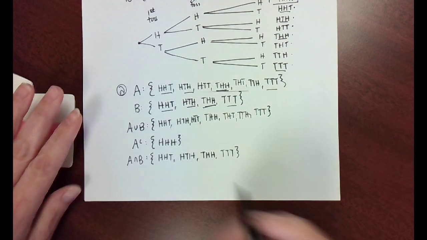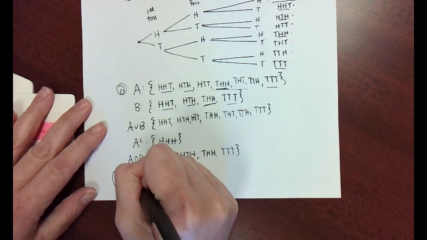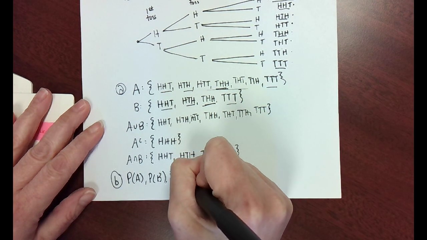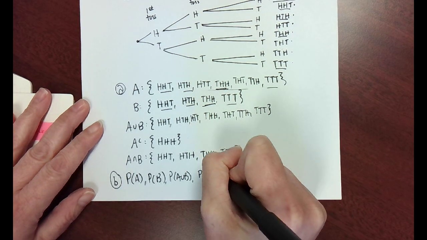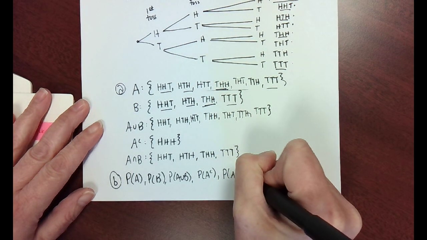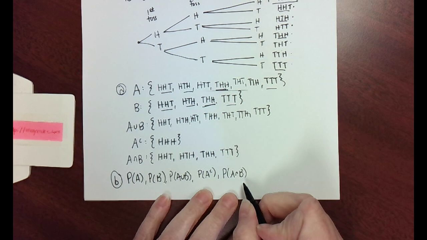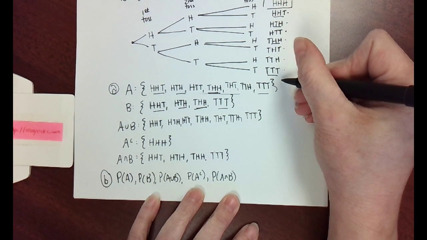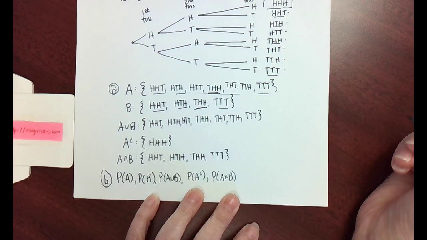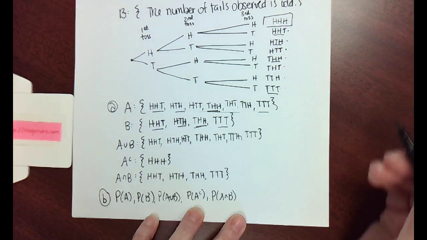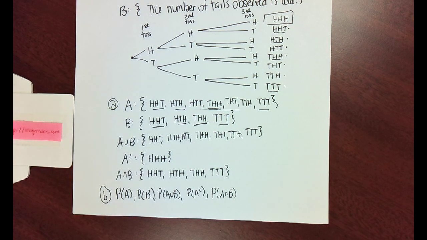So Part B asks us for the probability of each of these situations that we just listed the sample space for: the probability of event A, the probability of event B, the probability of the union of A and B, the probability of A complement, and then the probability of the intersection. I'm going to do the probabilities up here beside each of these that we've listed out. There were 8 possibilities, so our probabilities are going to be some number out of 8.